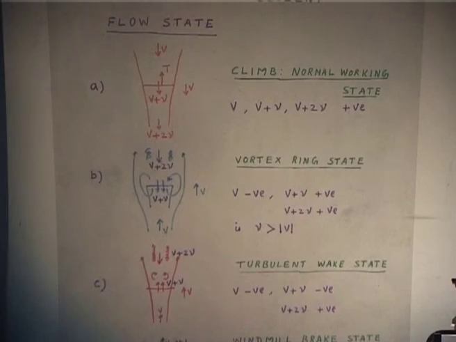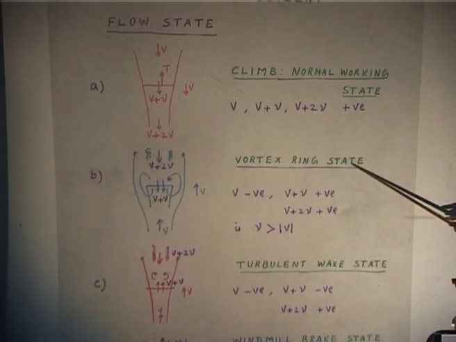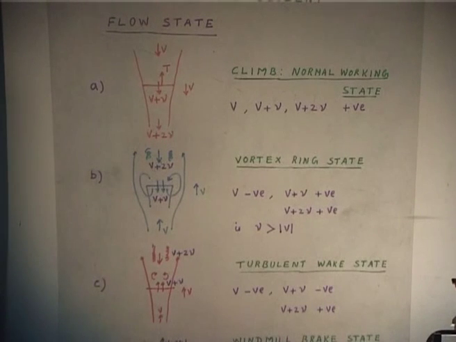And this is the condition when you are descending down into your own wake, basically, because you are pushing the air and you are going into that. In the sense the flow is coming up, descent velocity. This will create a lot of vortex around the rotor, this is called vortex ring state.